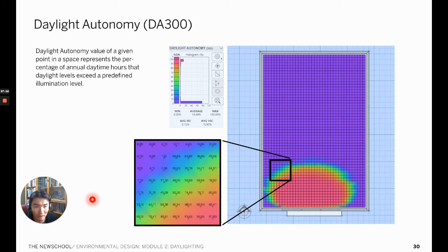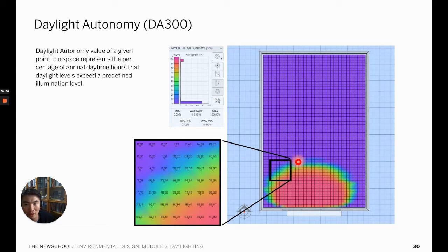This basically shows us the representation of each of those points and what percentage of time they are above that threshold. By looking at this legend, you can determine that the reddish portion that is close to the window is daylit 100% of the time during the work hours, while the space represented as a color of purple is not daylighted at all throughout the work hours.